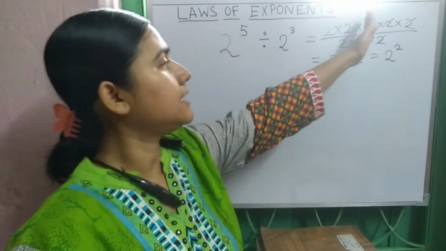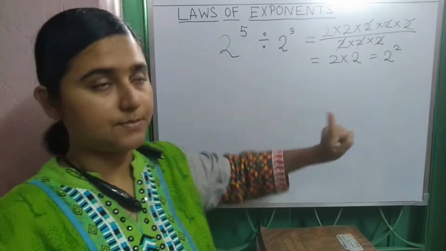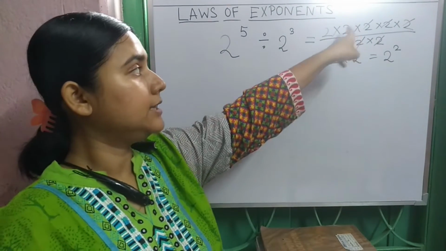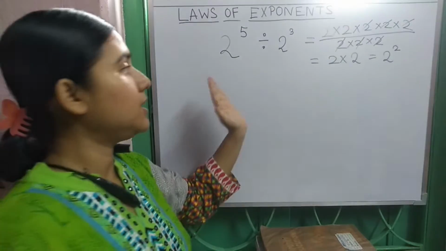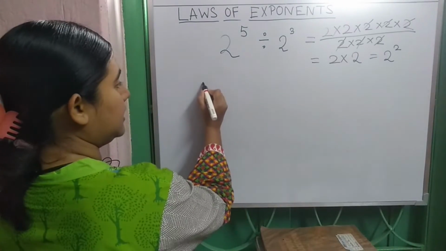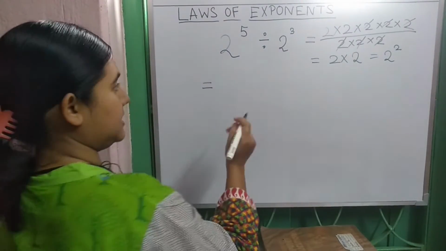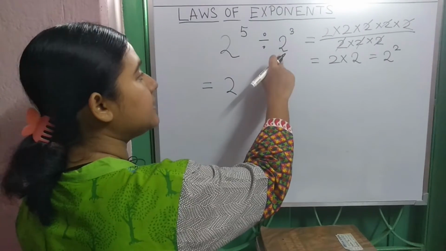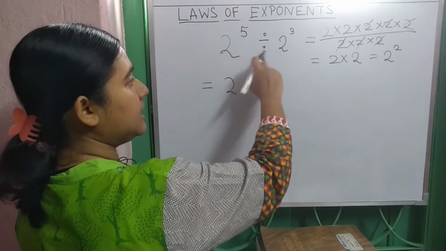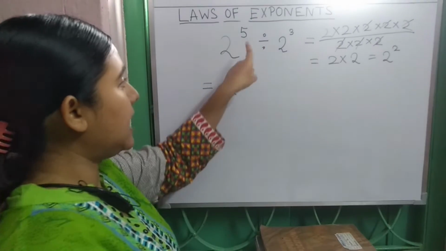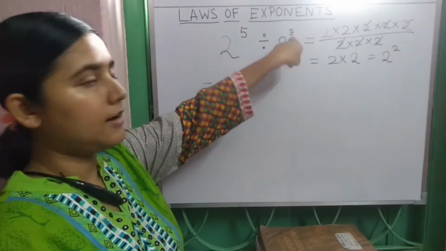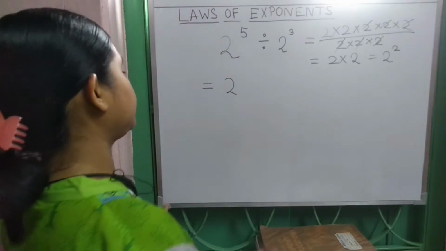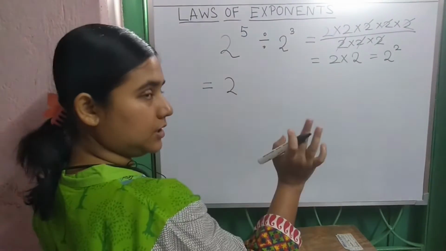But we can skip these 2 steps and do it in a single step. See, the bases are the same, between them there is a division sign, and the exponents are different. They may be equal also.